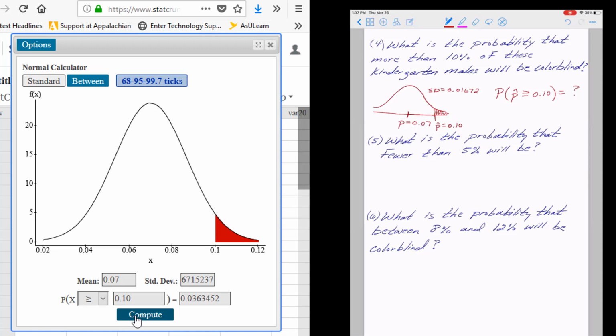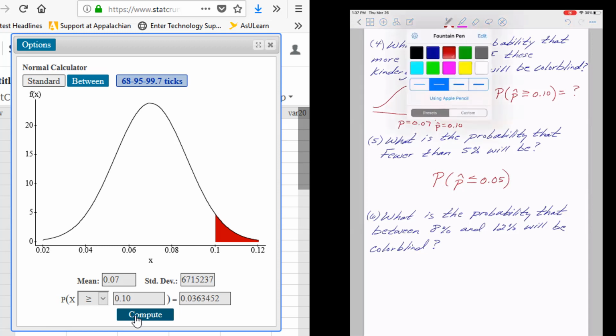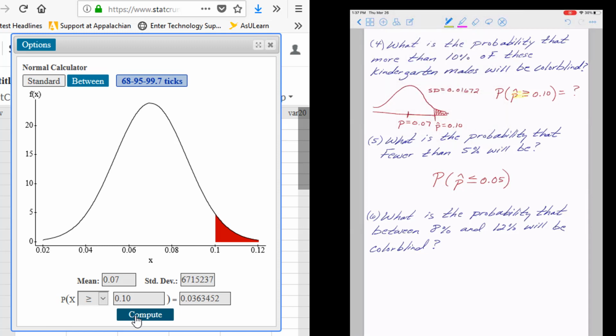What is the probability that fewer than 5% would be? Okay, so notation-wise, the probability that my sample percent is less than or equal to 5%. Remember that what's going in the parentheses when I'm using StatCrunch, this is my x-axis. This is whatever's on my x-axis, right?